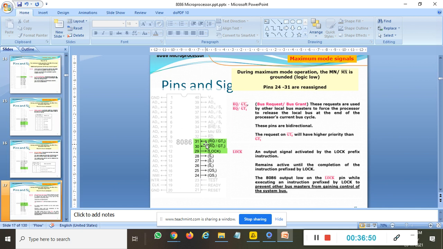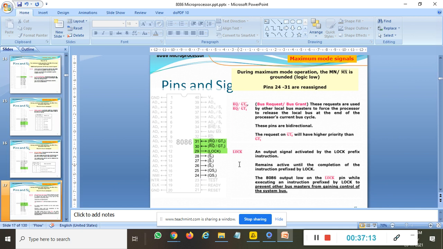And another pin is the lock pin, pin number 29, and this pin is an output pin. Here you see the arrow. Okay, this pin is an output pin. What is the function of the lock pin or lock bar pin? It is an output signal activated by the lock prefix instruction.